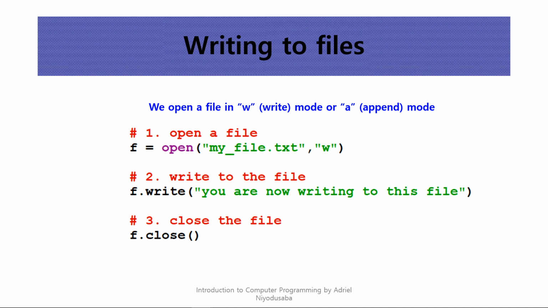The next thing you want to practice is how to write to the files, because now you know how to open, you also need to know how to write to the files. So again, we open the file with the open function, but notice that this time we opened it in write mode. So this tells Python that we are going to be writing on this file.